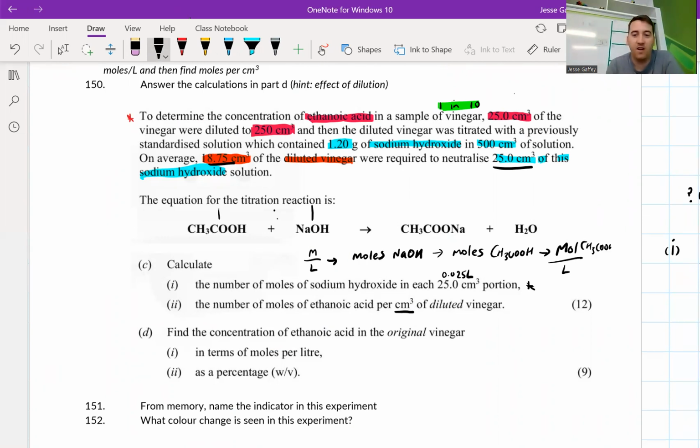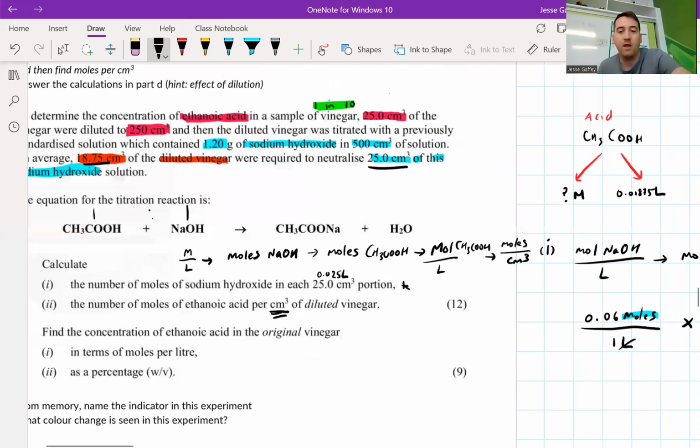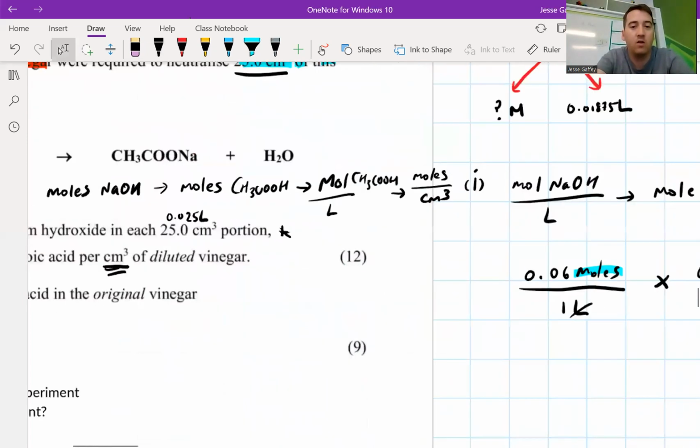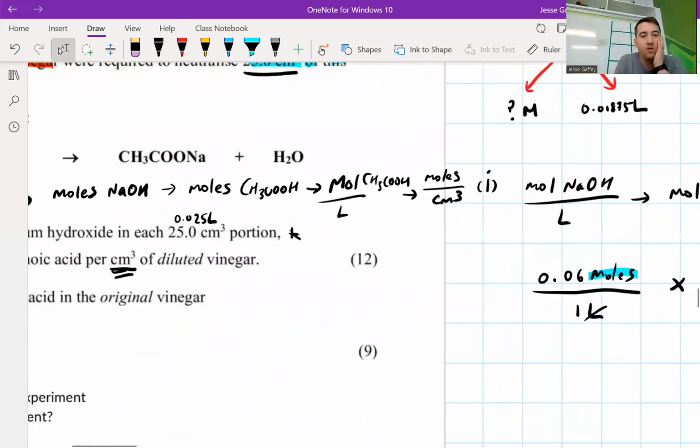And then we've got to go to moles per cm cubed, because that's where it wants our answer in, of the dilute vinegar. So a few steps here. This is what we need to do in step 2: go from moles of NaOH, what we just did, to moles of CH3COOH using the ratio, then find the moles per liter used in the titration of CH3COOH, and then find the moles per centimeter cubed.